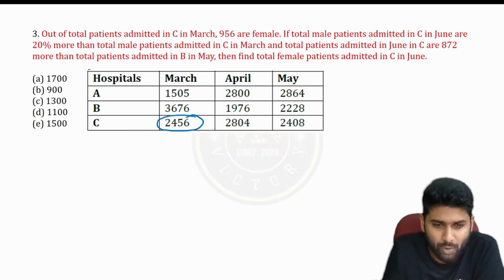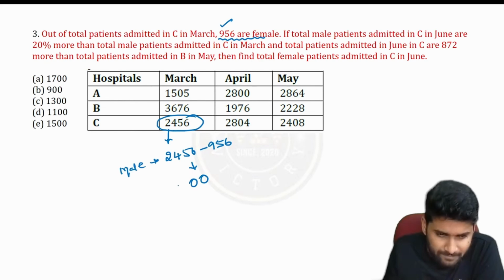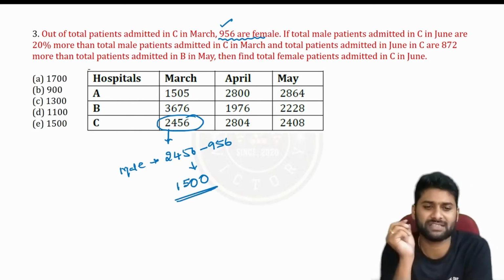Out of all these, 956 are females. Okay, what about the male persons? Find the value here. The number of male patients is 2456 minus 956, so the number of males is exactly equal to 1500.